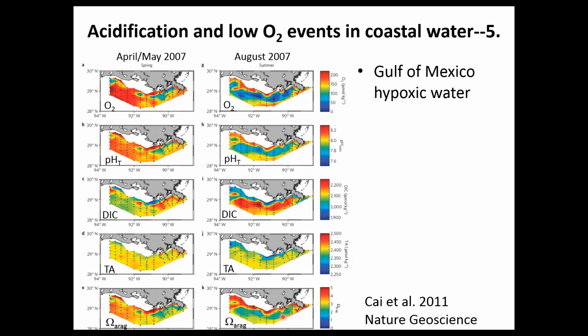So you can see aragonite saturation reduced greatly compared with May, but it's still relatively high. That is because the Gulf of Mexico system is actually a well buffered system with very high temperature, salinity, and very high alkalinity.